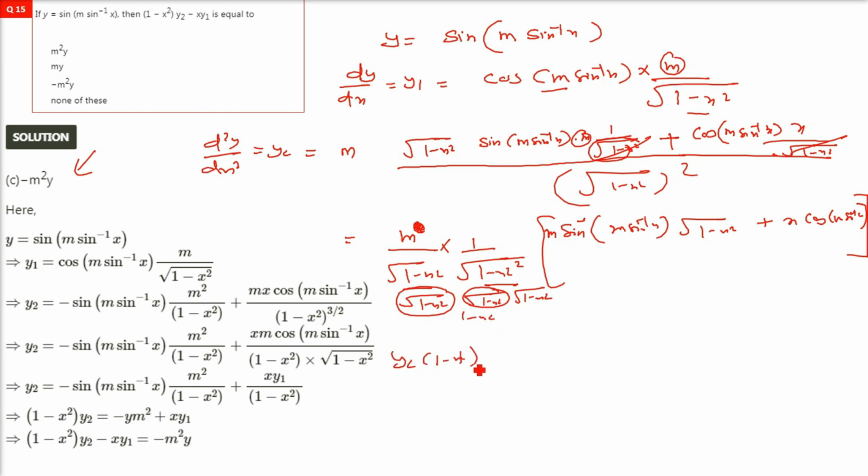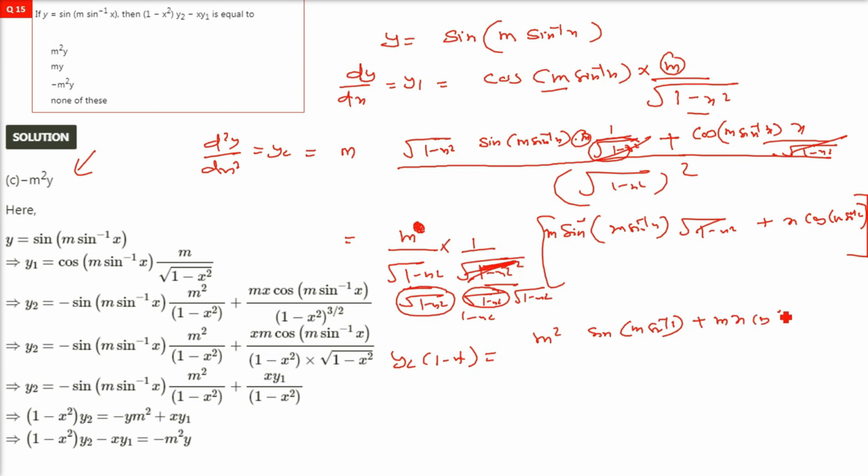So for y2, I'm taking this 1 minus x square to the left hand side: y2 into 1 minus x square. Only the right hand side is left. So you have m sin inverse x, and multiplying by m gives m square, minus sin inverse x divided by 1 minus x square, because as I told you, the under root 1 minus x square we have already taken outside.